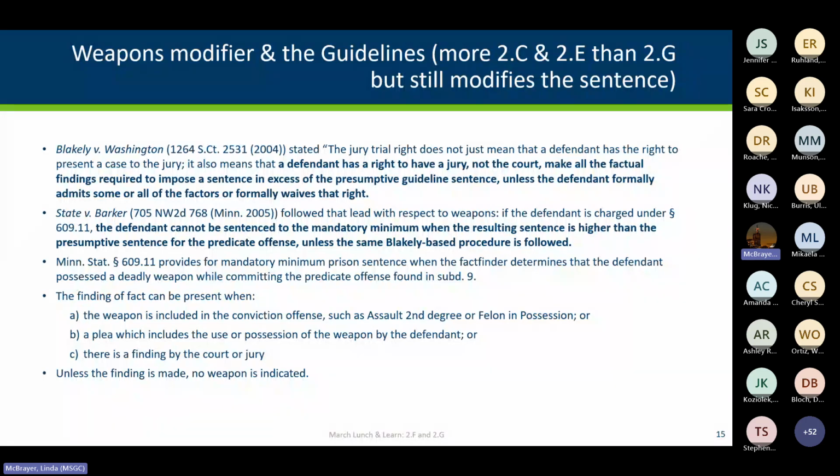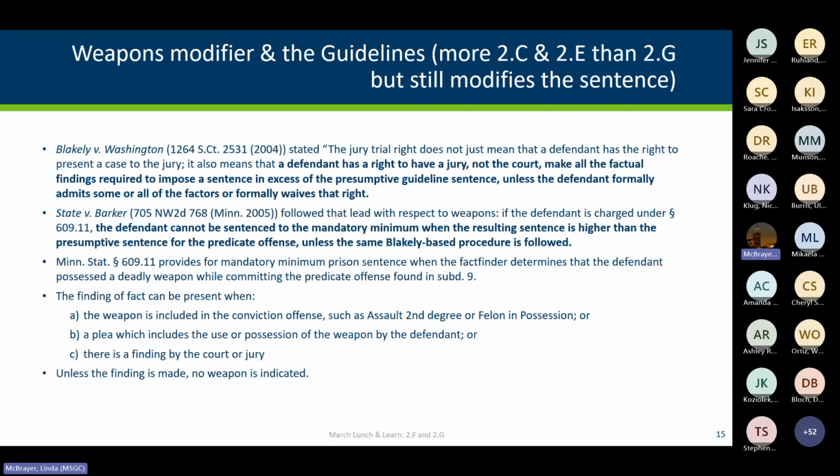Washington decision that came out of the U.S. Supreme Court said, pretty much in a nutshell, the court can no longer be the fact finder, that the defendant has the right to have a jury make the findings required to impose a sentence that is greater than, longer than what is shown on the grid, unless the defendant waives their Blakely rights or admits to the factors.